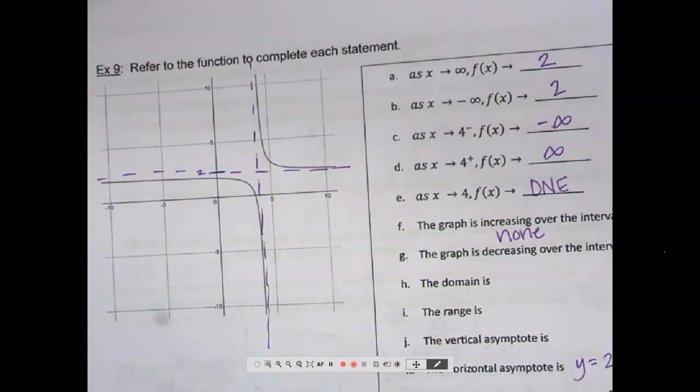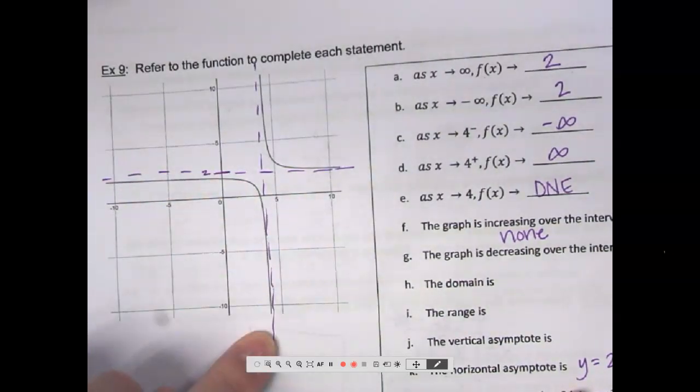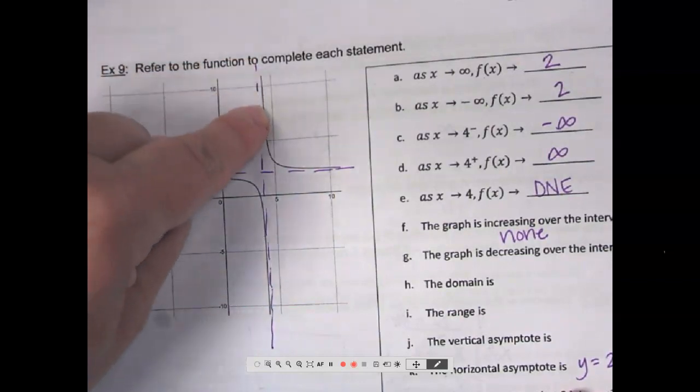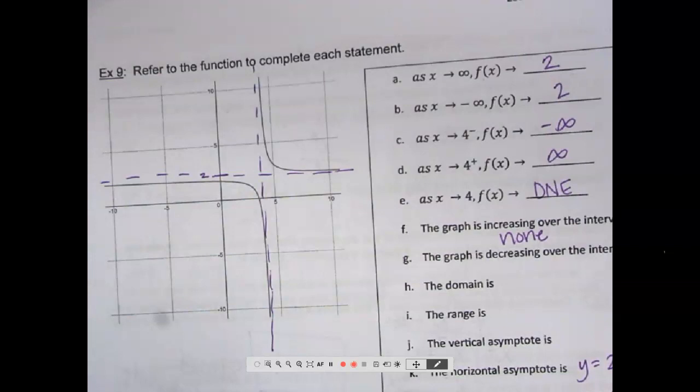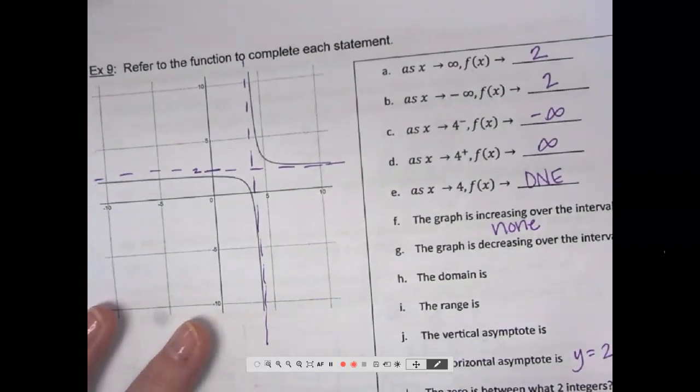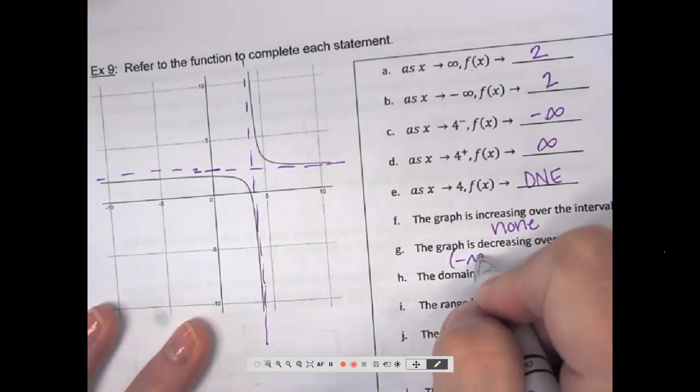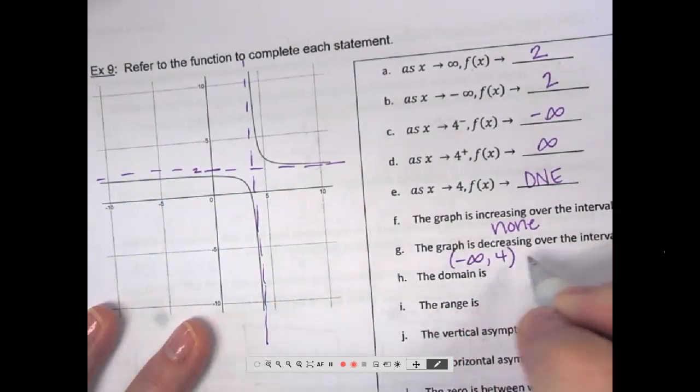Where is the graph decreasing? So where are we going downhill as we move left to right? Everywhere except, where do we take a break? 4. Going downhill, downhill, downhill. Pick back up here, downhill, downhill, downhill. But I can't say all real numbers because I don't have a graph at 4. So I'm going to say this, negative infinity to 4.